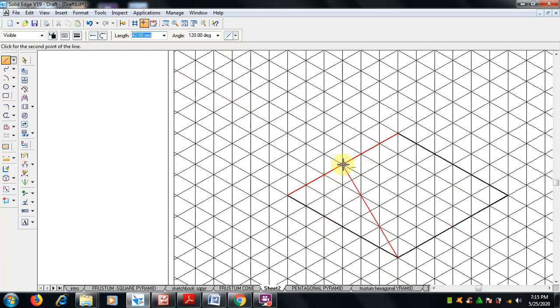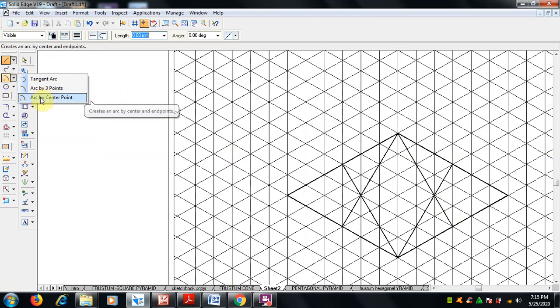So what is the midpoint of this line? It is 3 here, and from this point to the midpoint of the opposite corner, select the starting point up to the midpoint of this line, and from here to the midpoint here. Okay, now the base, the setup for drawing the arc or ellipse is done.